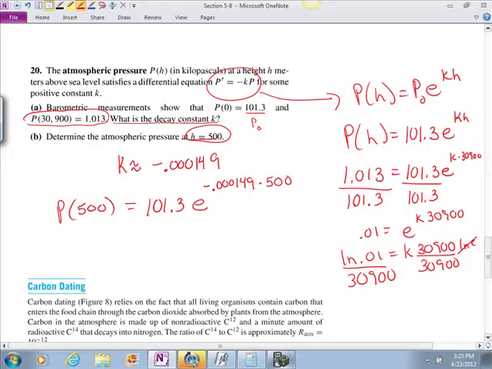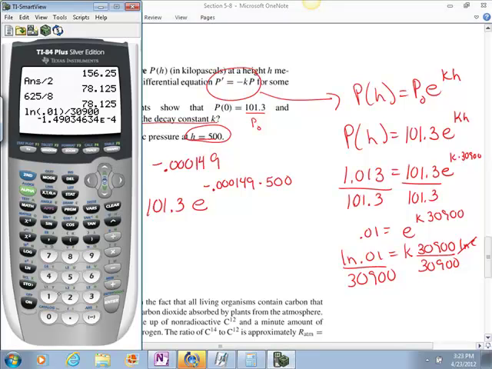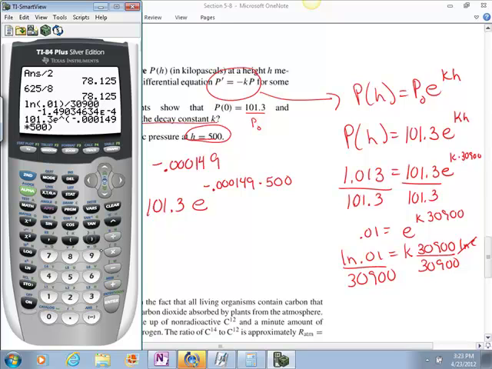So we'll just pop that into our calculator. 101.3, and then second e, negative 0.000149 times 500, to get our answer there of 94.03 or so.